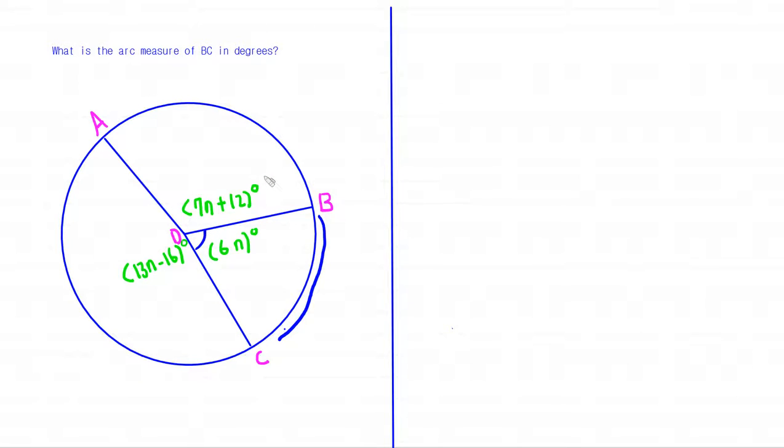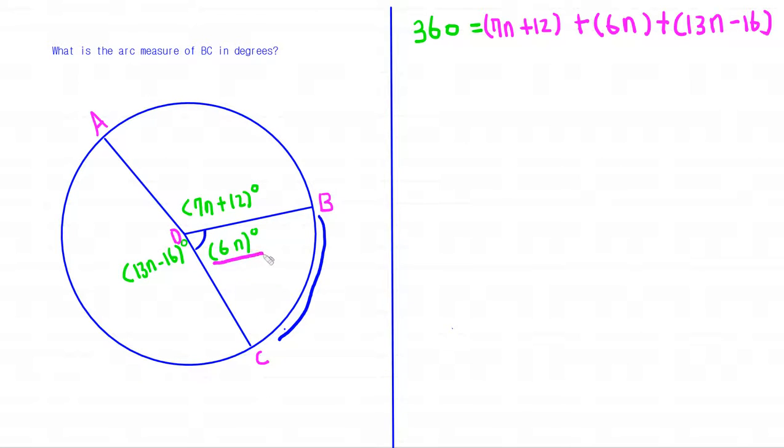We know that 360 degrees is the addition of these three expressions, so 360 is equal to 7n plus 12 plus 6n plus 13n minus 16. And here we need to remember that we want to find the 6n in degrees.